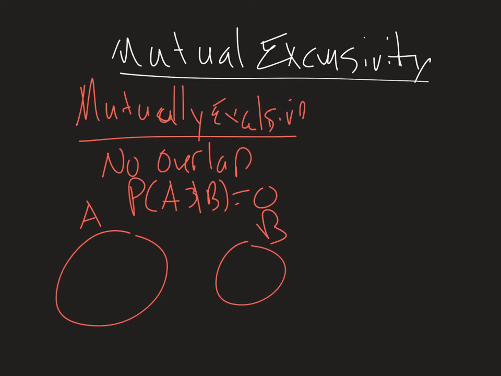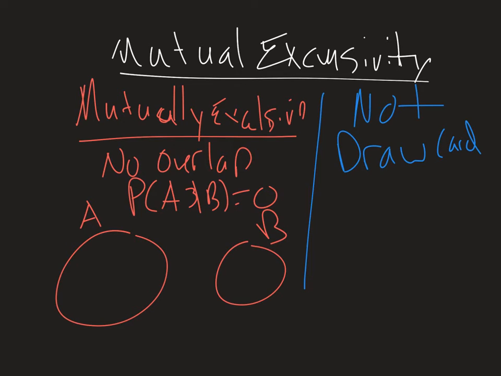There is no overlap. So an example of one that's not so mutually exclusive would be if I want to draw a card from a deck. Let's say we draw that card, and let's say what's the probability that that card is a red or a 7.